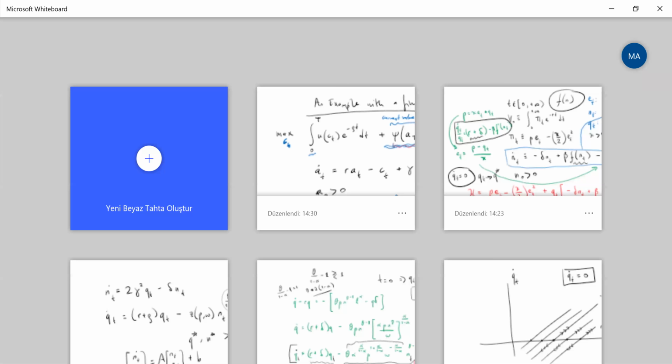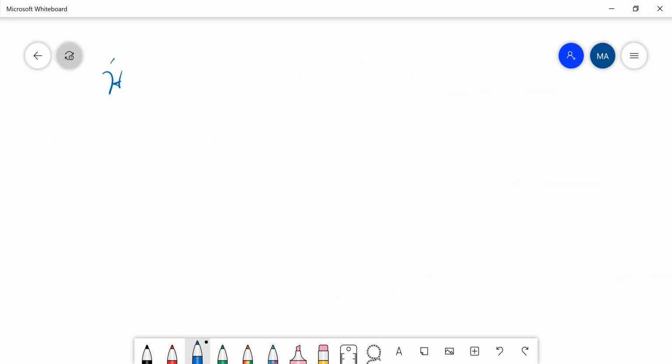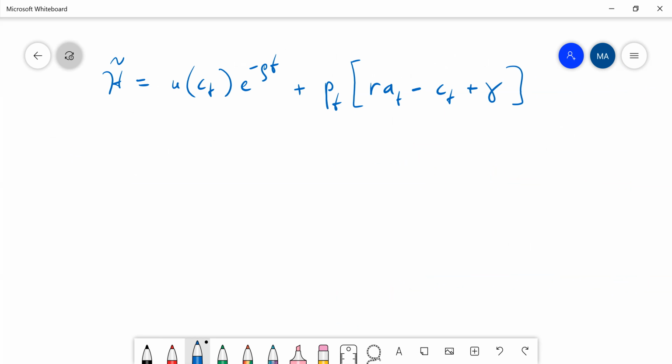As I said, most of the stuff will be similar to what we have done, but we're going to look at the present value Hamiltonian. Then I have P_t, and my constraint is what? rA_t minus C_t plus some gamma. Gamma is exogenous and fixed.